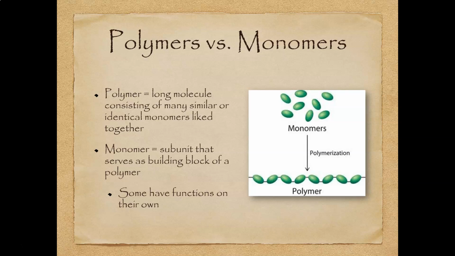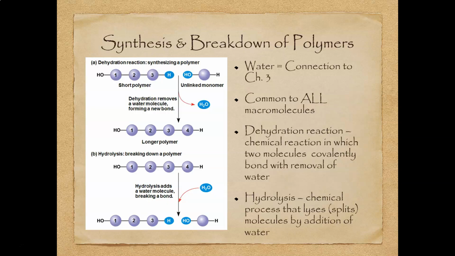So those monomers most of the time aren't truly biologically active in and of themselves, although there are some exceptions to that, especially within the carbohydrates. Most of them need to be linked together into that polymer to really truly make a functional molecule, with a few exceptions. So we talk about this idea of stringing those monomers together via polymerization to make that polymer.